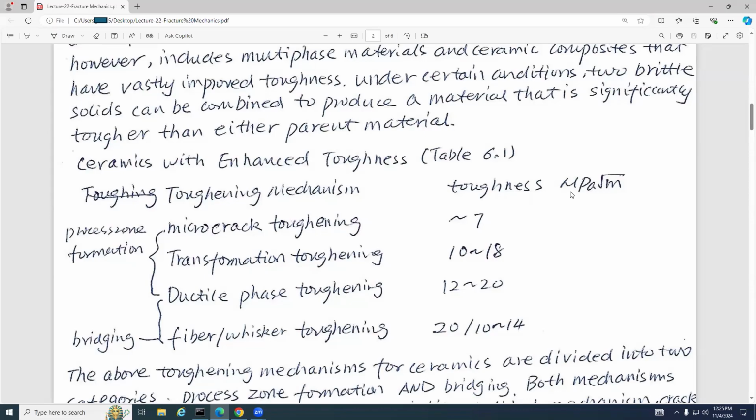Megapascal square root m. Bobby. Stress intensity factor. Yeah, right. Stress intensity factor. So for the brittle material, the stress intensity factor is very, very important. So usually the fractures in the brittle material can be categorized using the stress intensity factor.